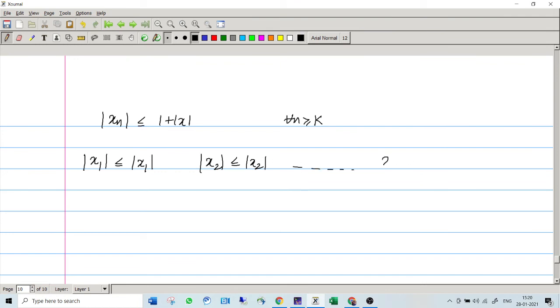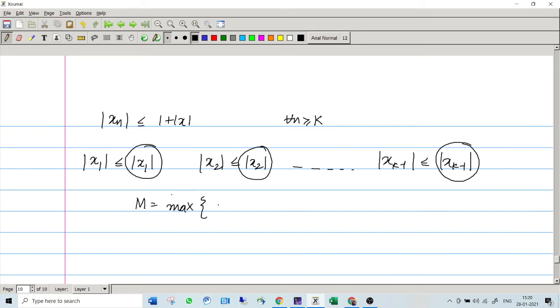And similarly xk-1 जो है will be bounded by mod of xk-1 as well. So जो ये finitely many terms मिली हमें, इनमें से हम मैक्सिमम चूज कर लेते हैं। Let's say m is the maximum of all these numbers mod x1, mod x2 and mod xk-1 and 1 plus mod of x.